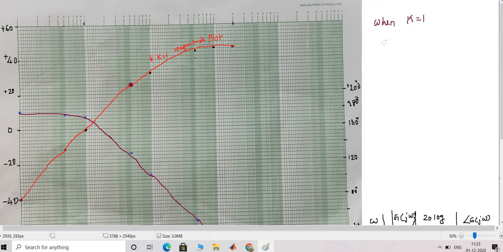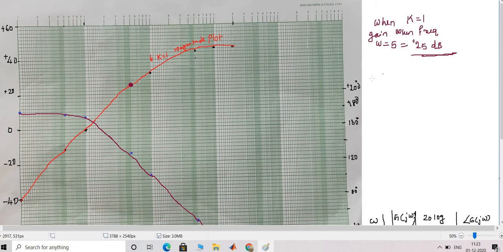At that time, when you find out the gain for omega equal to 5, the gain is plus 25 dB. We have obtained this from the graph.